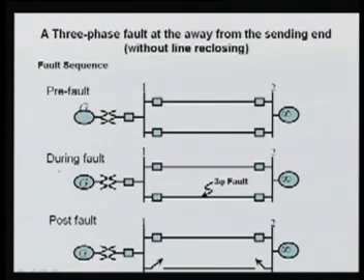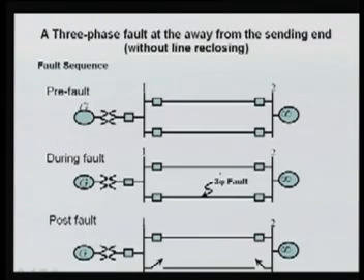During the fault, earlier it was at bus 1, now I am taking the three-phase fault at line 2. This fault is cleared only after tripping of this line. So this is the post-fault scenario: the line is tripped and the fault is cleared.